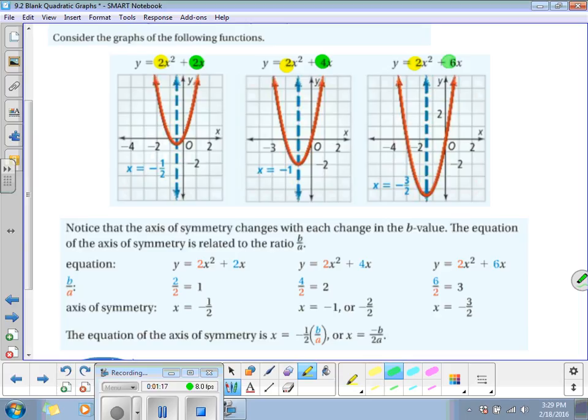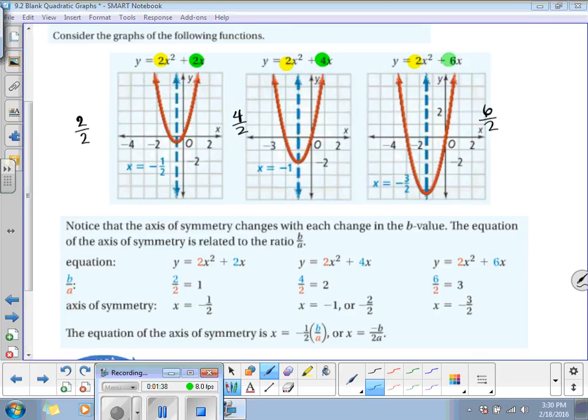So if I take my B over A, up here it's going to be 2 over 2. This one is going to be 2 over 2. This one is going to be 4 over 2. This one is going to be 6 over 2, right? This one is going to be 1. This one is 2.